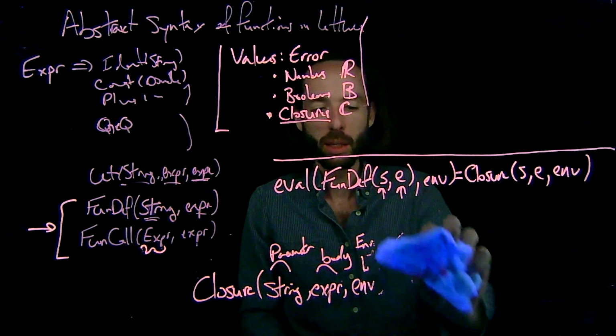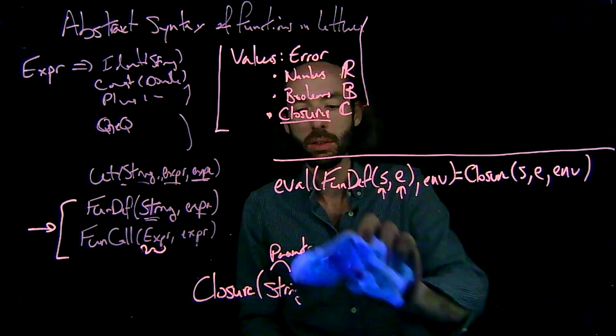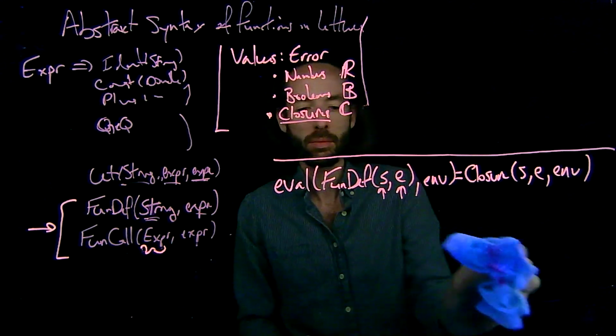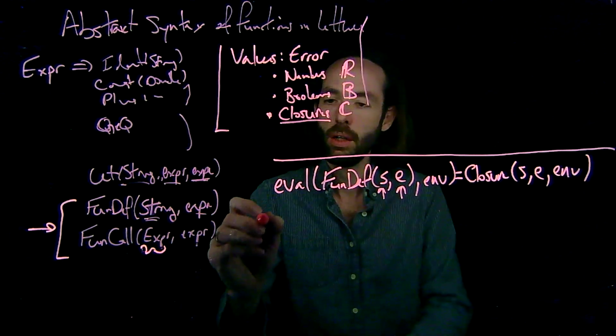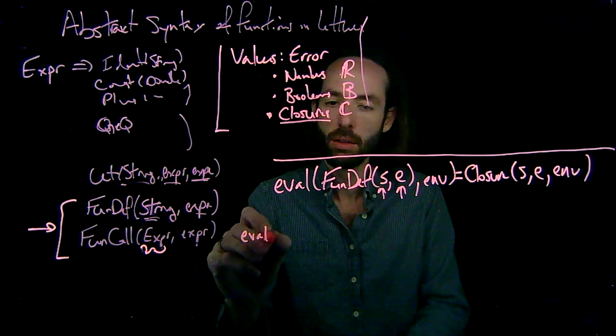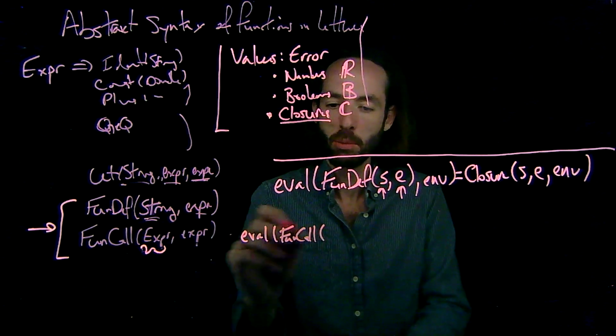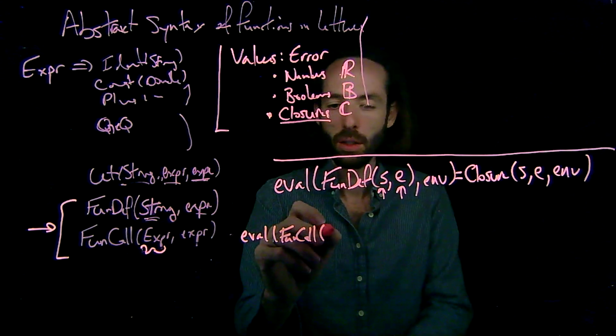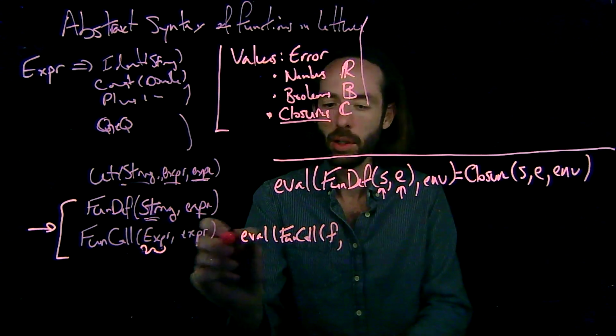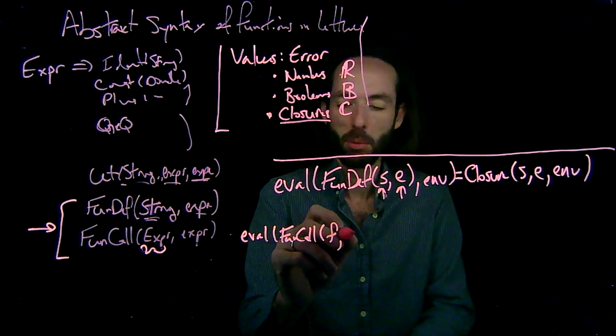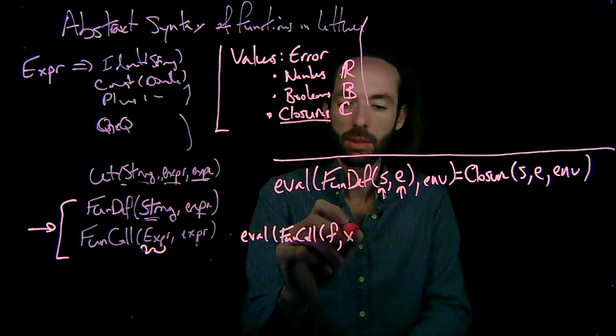The more complicated bit is going to be when we call the function. So let's see what that looks like. All right, so we're going to eval funcall on some expression, I'm going to call that f, and some other expression, which is going to be our parameter, so I'm going to call that x.